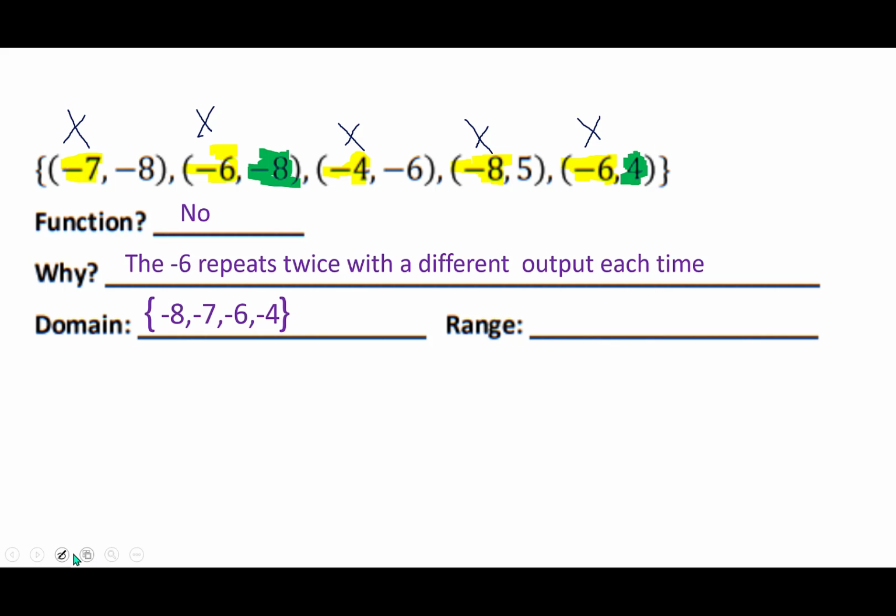Okay, and then we're going to list out our range, which remember it's the y value, so it's the second point in our graph. Oops, I was not paying attention where I was clicking. There we go. Y values.